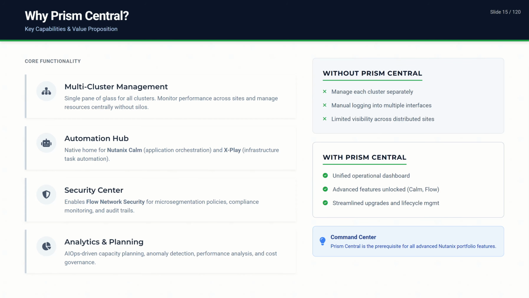And notice this command center callout at the bottom. Prism Central is the prerequisite for all advanced Nutanix portfolio features. This is key to understand the architecture. Prism Central isn't just nice to have. It's essential for unlocking the full potential of your Nutanix investment.